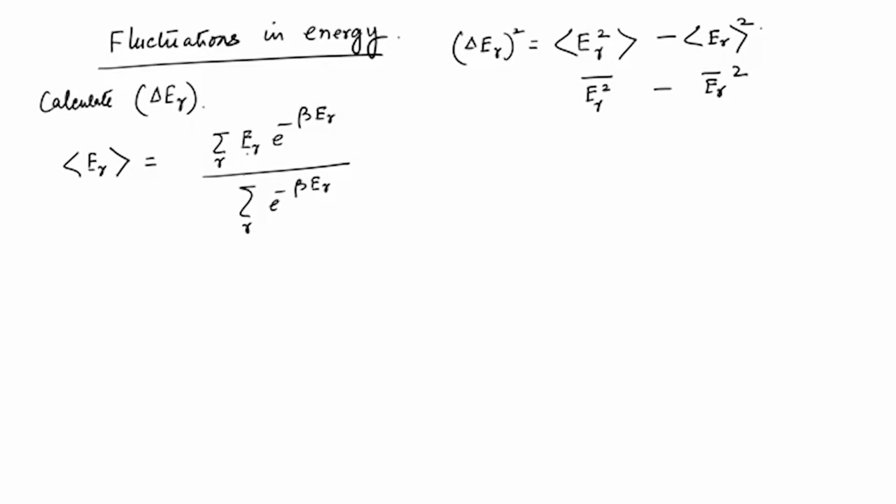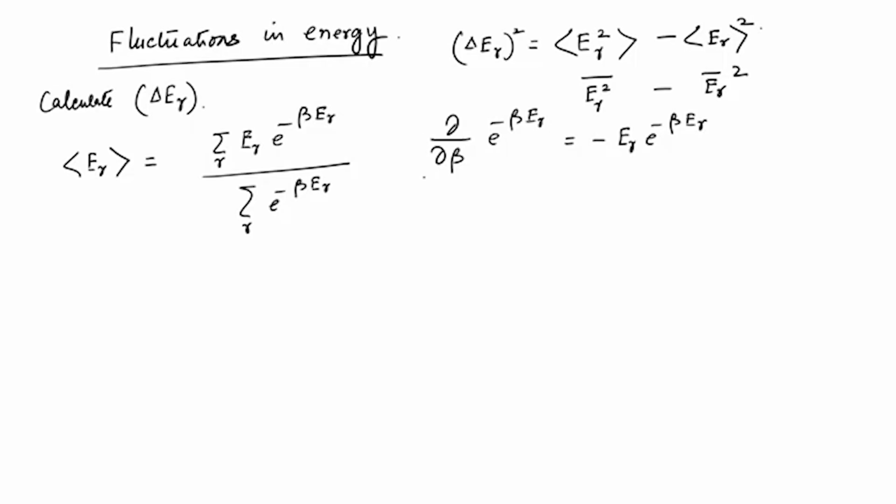And you see how you get an E_r here, you can simply get it by taking a derivative with respect to beta. So if you take a derivative of del beta of e to the power minus beta E_r, this will give you a minus E_r e to the power minus beta E_r.